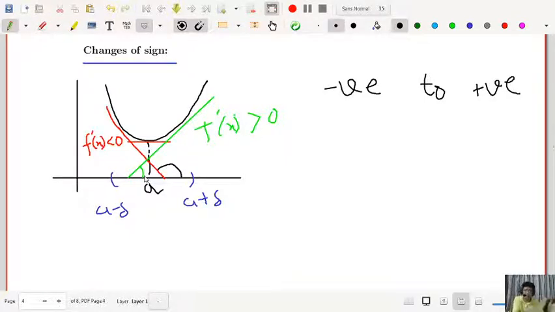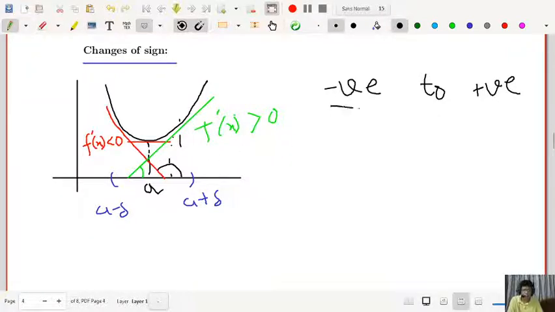If you take a point in the interval A minus delta to A and draw the tangent, that will make an obtuse angle with the positive direction of the x-axis. So it gives you the slope less than 0. And if you take any point in the interval A to A plus delta, you will observe that f'(x) is greater than 0, it makes an acute angle.